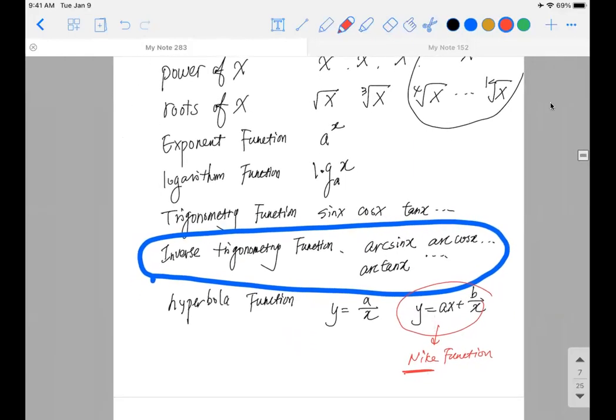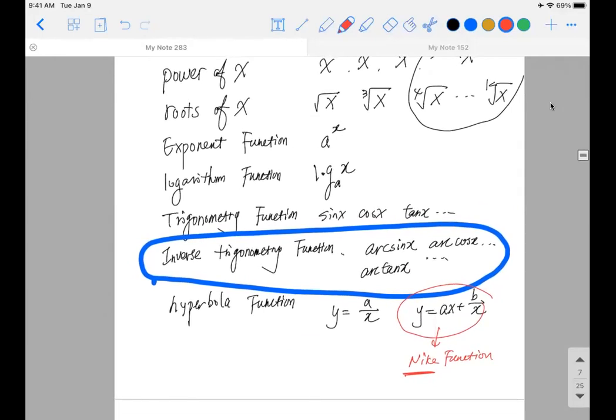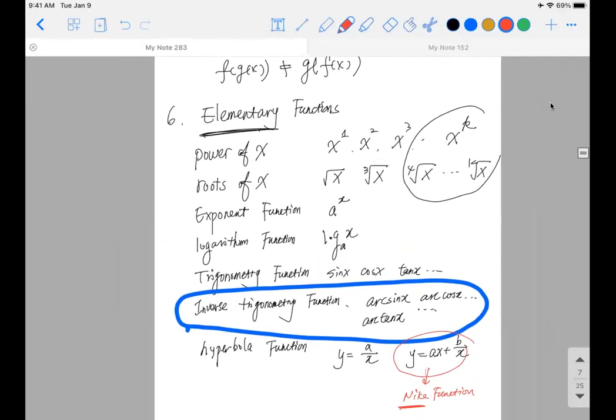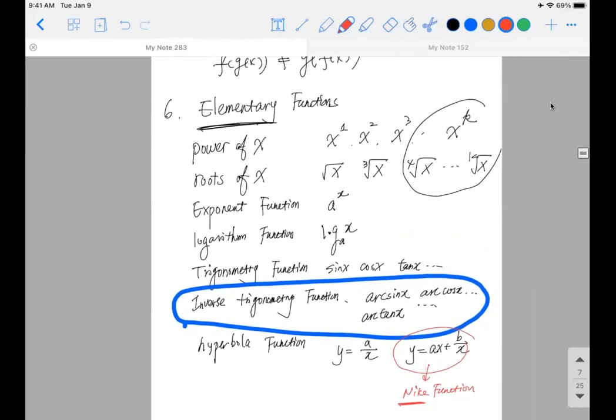For the ones who are not so familiar with the Nike function, no worries. We will talk about it in our fraction function lecture. In our coming lectures, we have one lecture talking about the fraction function. This is going to be one of the very important fraction functions. So if you're not so familiar for now, no worries. Generally speaking, these are the 7 very important elementary functions.